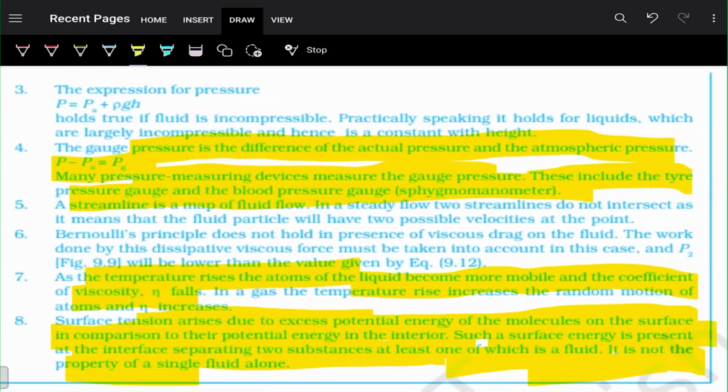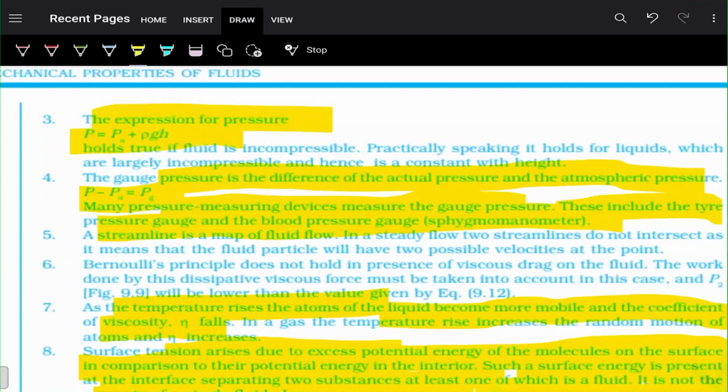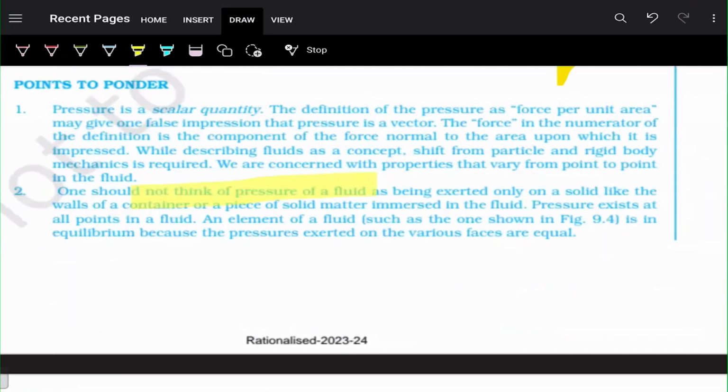See, the external pressure is P plus h rho g, true if the fluid is incompressible. Okay, only for an incompressible fluid will it be valid. One shouldn't think of pressure of a fluid as being exerted only on a solid like the walls of a container or a piece of solid matter immersed in the fluid. Pressure exists at all points in a fluid.